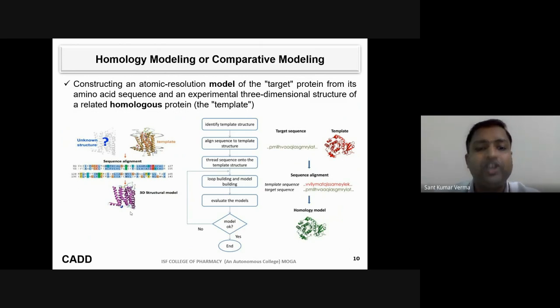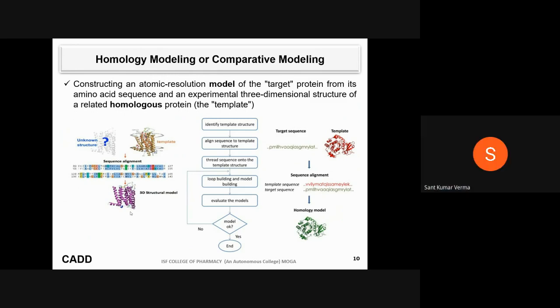If the model is validated and good, you can get the protein. If the model is not validated, you can again perform the process, put in the missing residues, build the loops, and again validate the model. Homology modeling is a method to get a protein which is not available in the Protein Data Bank or other protein resources.